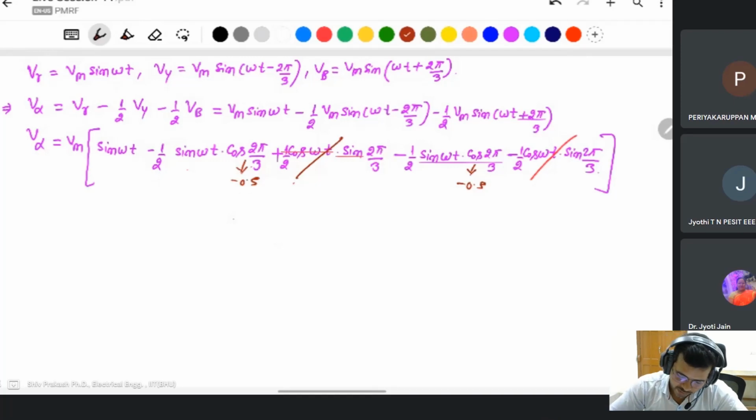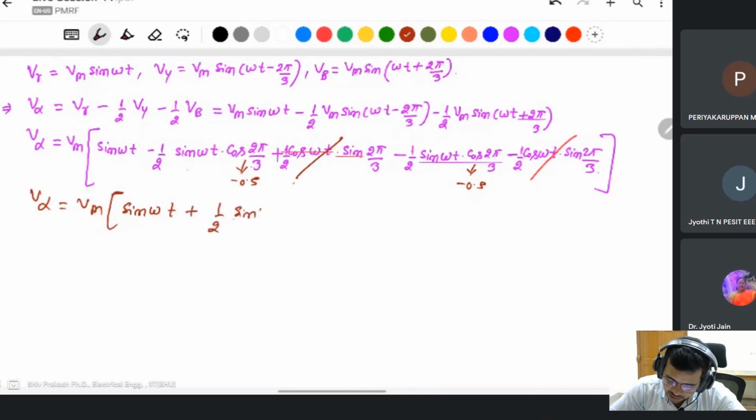V alpha is equal to Vm sin omega t, this is 1 by 4 sin omega t, and this is 1 by 4 sin omega t. Both are 1 by 2 sin omega t. This is 3 by 2 Vm sin omega t, which is equal to V alpha.